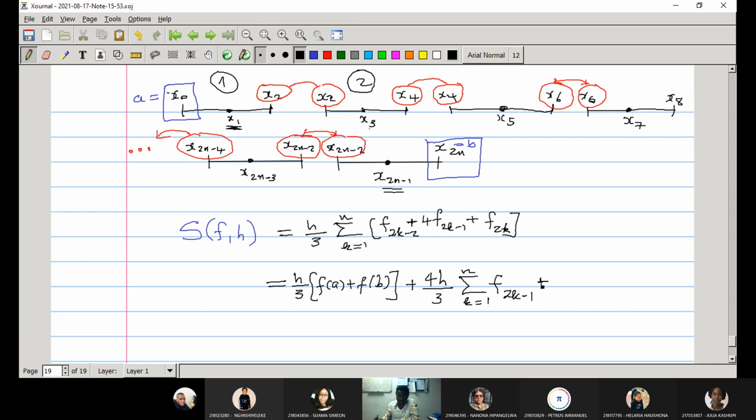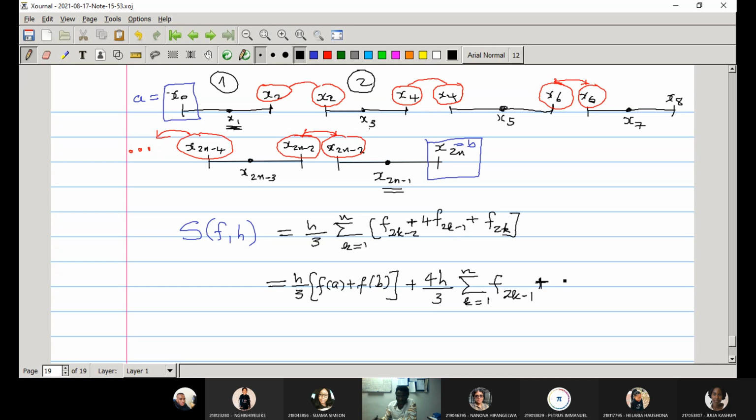Now plus, the terms with even subscript, they will be doubled. Now all those points will be doubled, meaning that h by 3 will become 2h by 3.